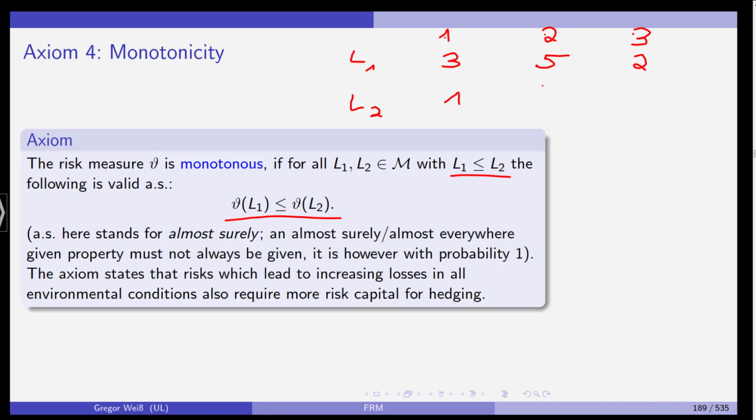If, however, it looks like this, then this is larger, and this is larger. And you can see L1 is not strictly larger or smaller than L2 because in one state it changes. So in every state, L1 needs to be smaller or equal than L2.